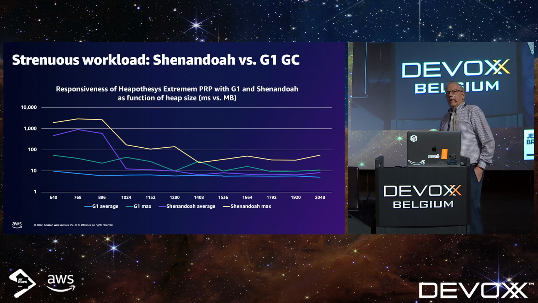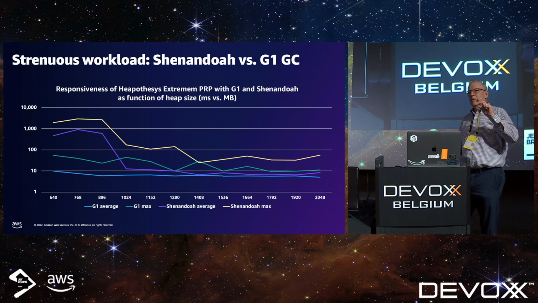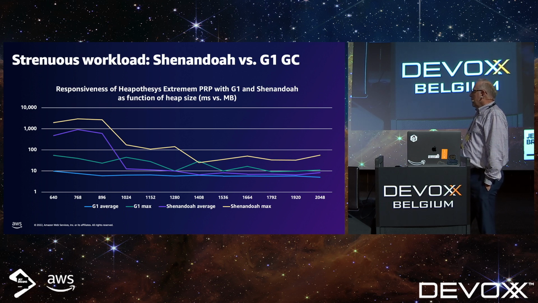But what we were seeing on heavy workloads is that G1 GC was actually providing better client response times, if you measured them, in the average and in the maximum than Shenandoah.